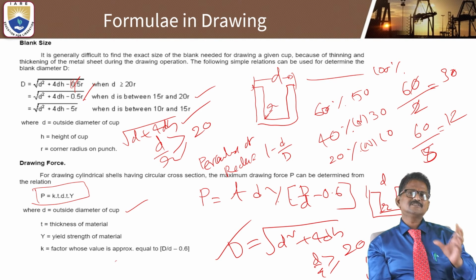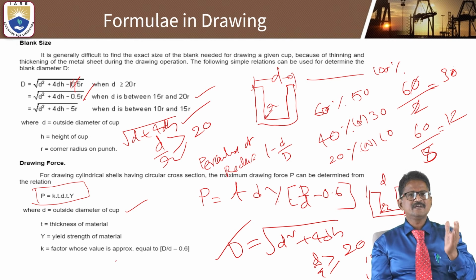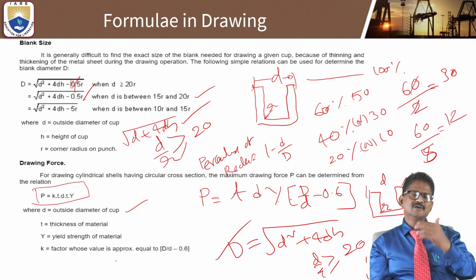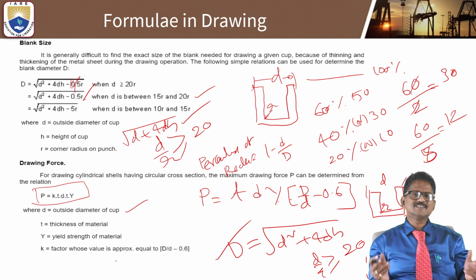Here also the drawing force can be determined with a simple formula: pi, k, t, d, y. Here t is the thickness of the material, d is the outside diameter of the cup, and y is the yield strength of the material.